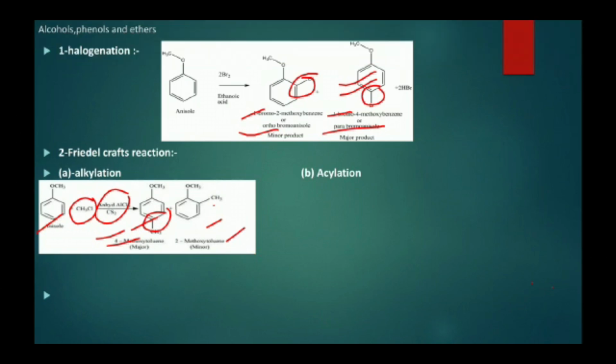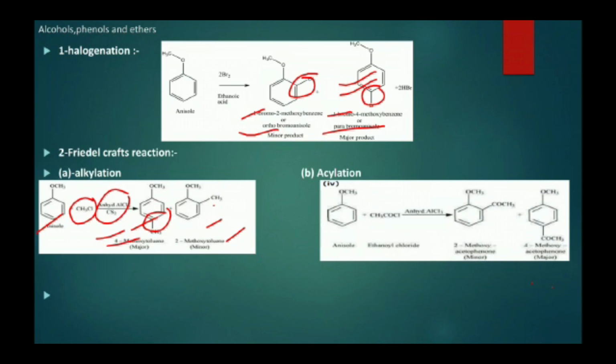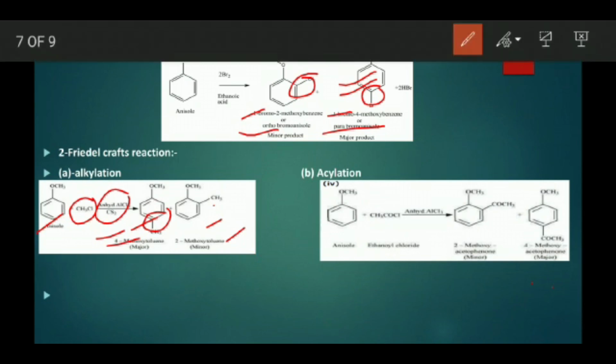Similarly, acylation. See this acylation, when anisole reacts with acetyl chloride in presence of AlCl3. So this acetyl chloride and AlCl3 form this electrophile, CH3C double bond O plus.